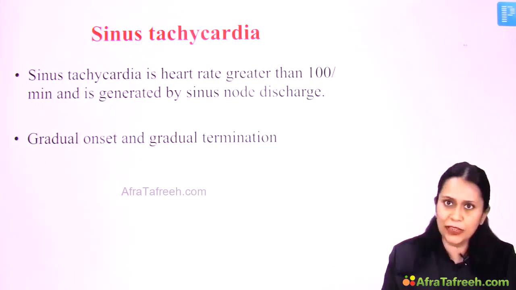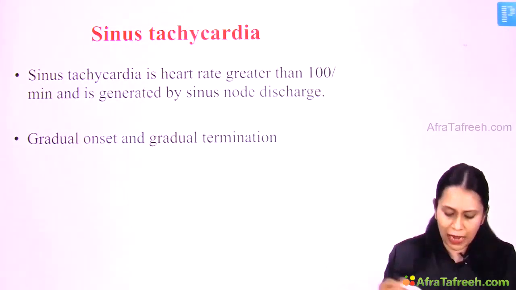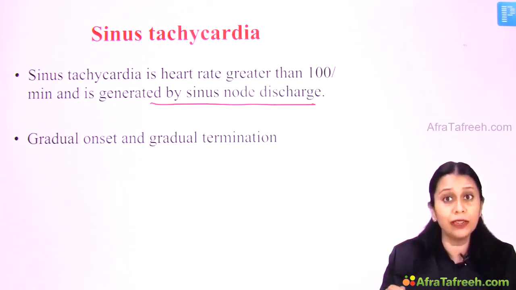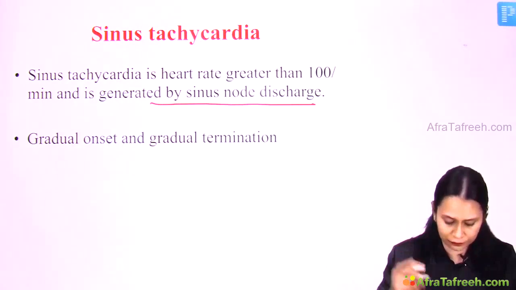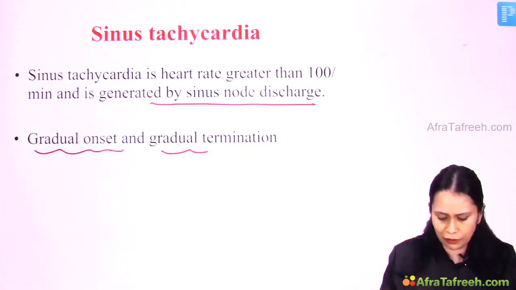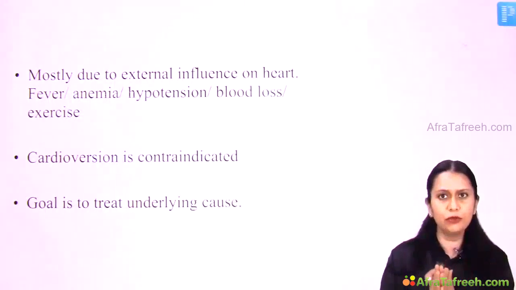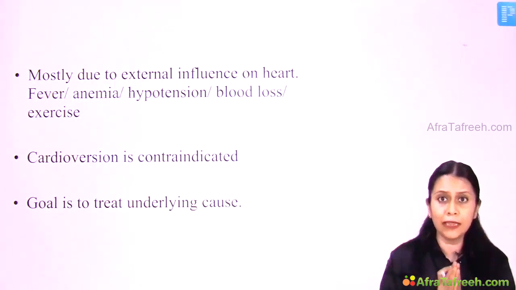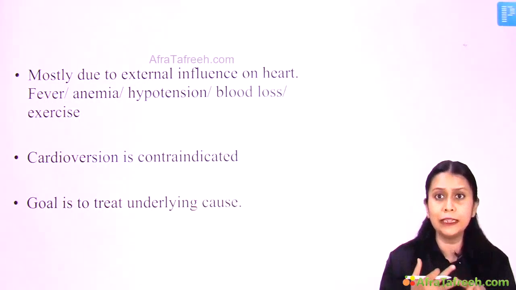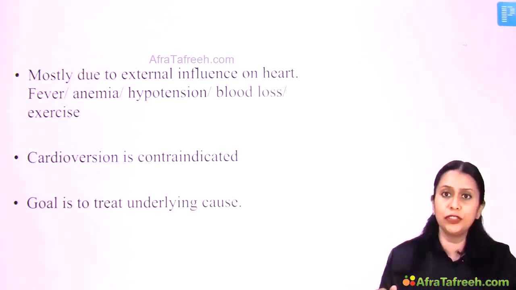So a few points about sinus tachycardia. As I told you, heart rate greater than 100, and it is generated by fast sinus node discharge. Gradual onset, gradual termination, right? Mostly due to external influences on the heart, like fever, anemia, hypotension, blood loss, hypothyroidism.